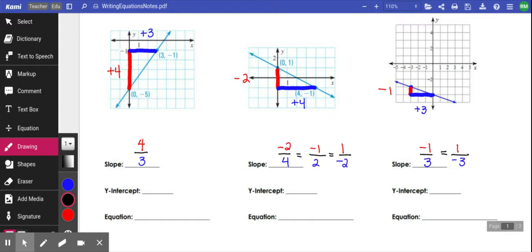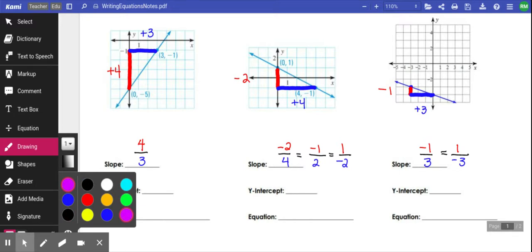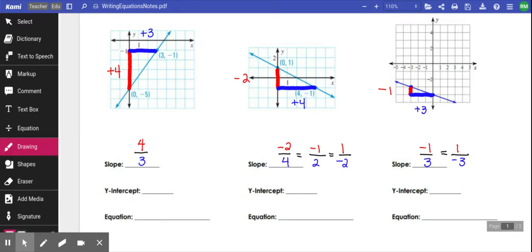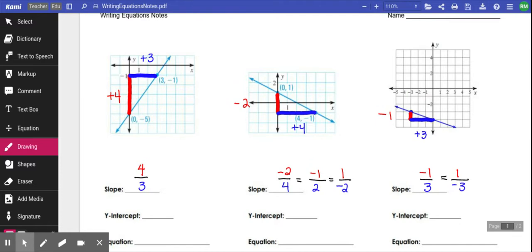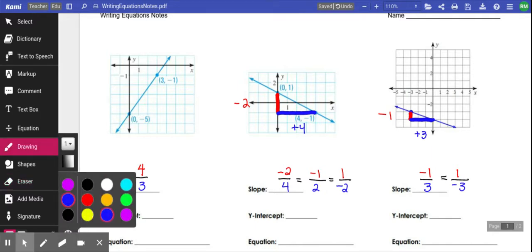So the y-intercept, remember, is the b in our equation, which is our beginning point. So we need to look at the graph and find the point where the line goes through the y-axis. Okay, so I'm going to erase my red and blue just so we can see this a little bit better. And if we look at our line, here's our line. Where does it cross the y-axis?